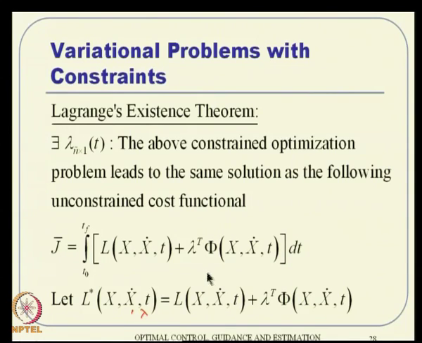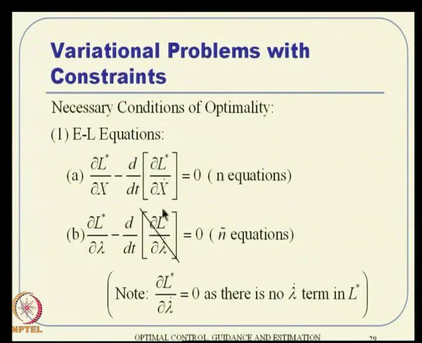So what you are doing here is applying the EL equation twice, two equations actually. The first is with respect to the x variable and the second is with respect to the lambda variable.